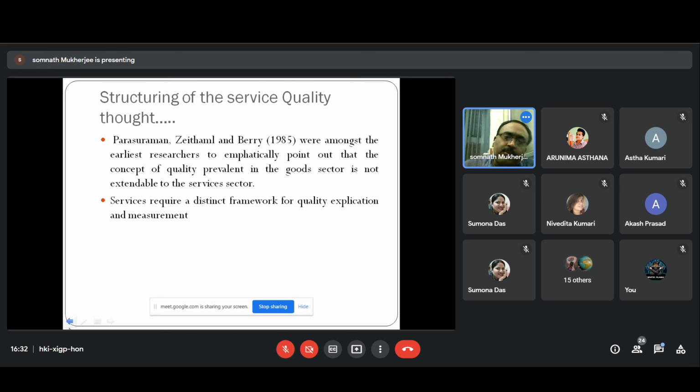They were the first to forward this, and the good part or the bad part, whatever it is, it still finds extensive use.